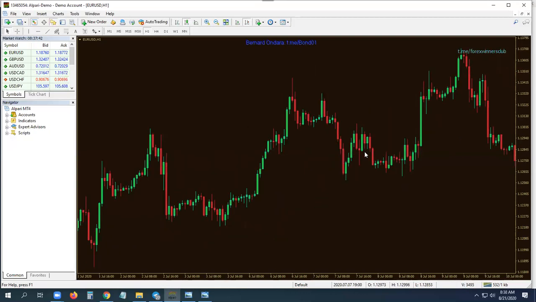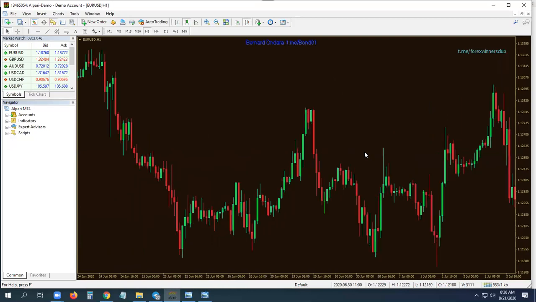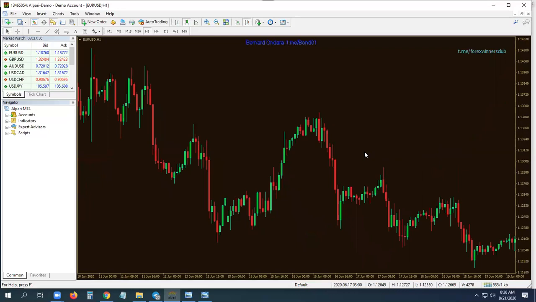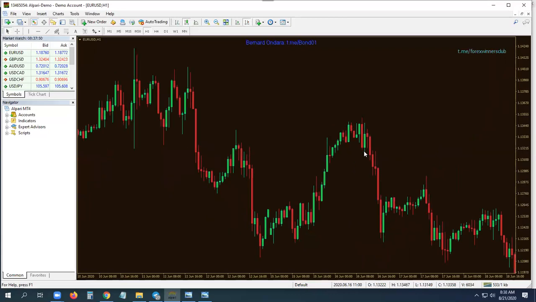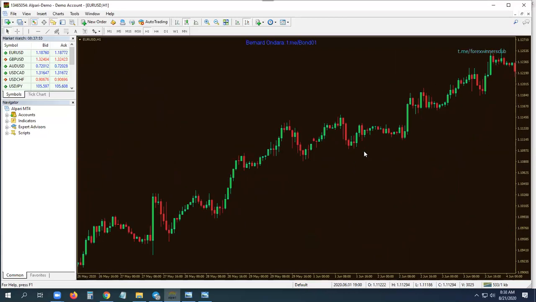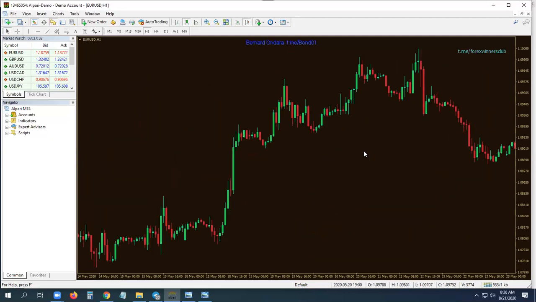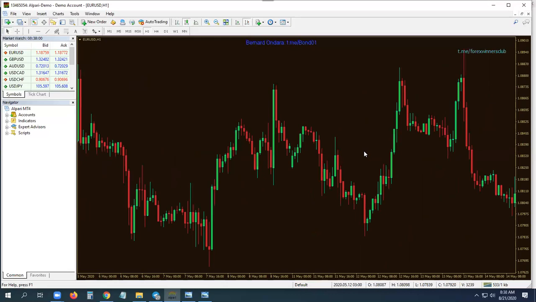The other one is which one? Let me see if I can spot one that can serve as an ascending triangle. Ascending triangle will be found in a downtrend or where? Let me see.